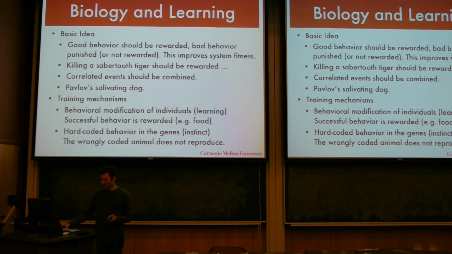The training mechanisms that we have in the institution are, to some extent, hard coded. A lot of insects, and also animals with smaller brains, do a lot of this. So it's hard coded, and therefore we don't have to train things.